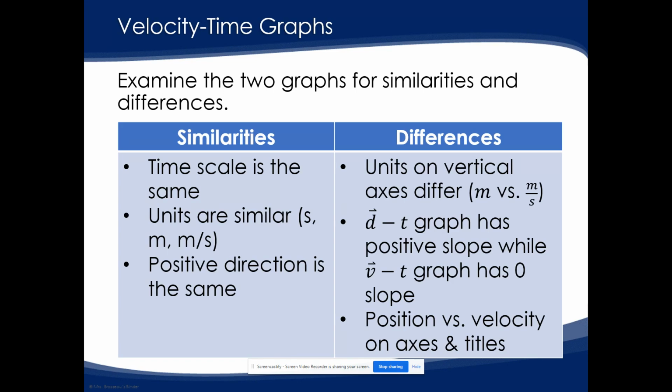The difference is that the units on our vertical axes are different: meters for your position or meters per second for your velocity. Your position time graph has a positive slope where your velocity time graph has a zero slope. And then we have the position and velocity on the axes and our titles.